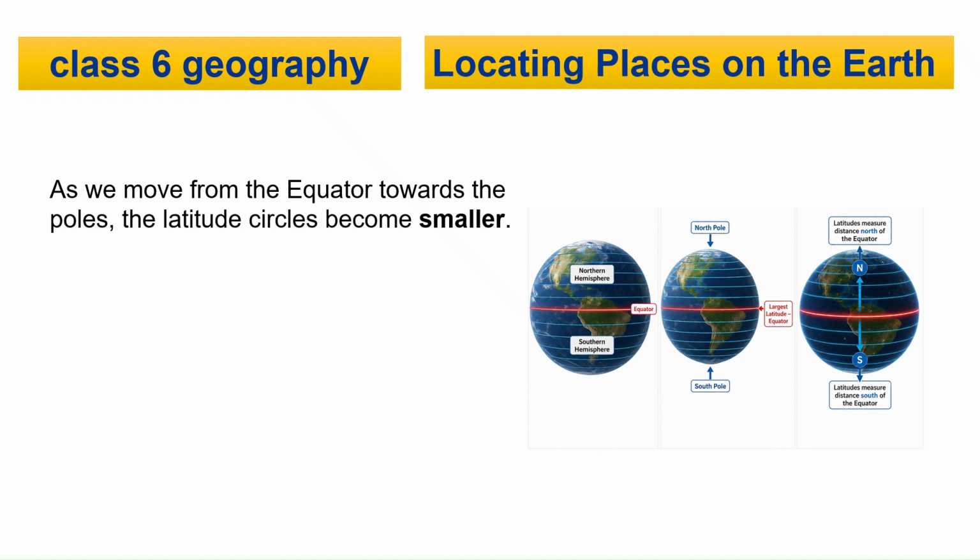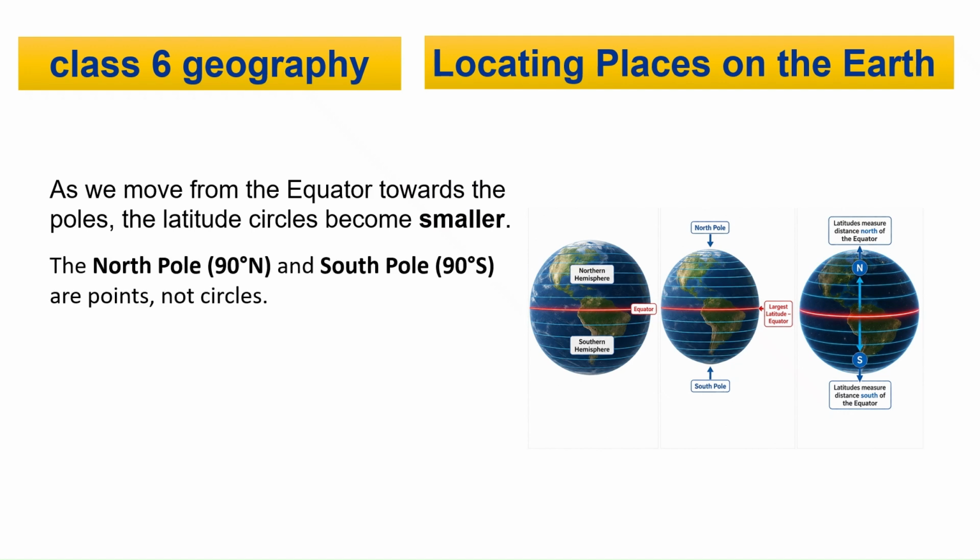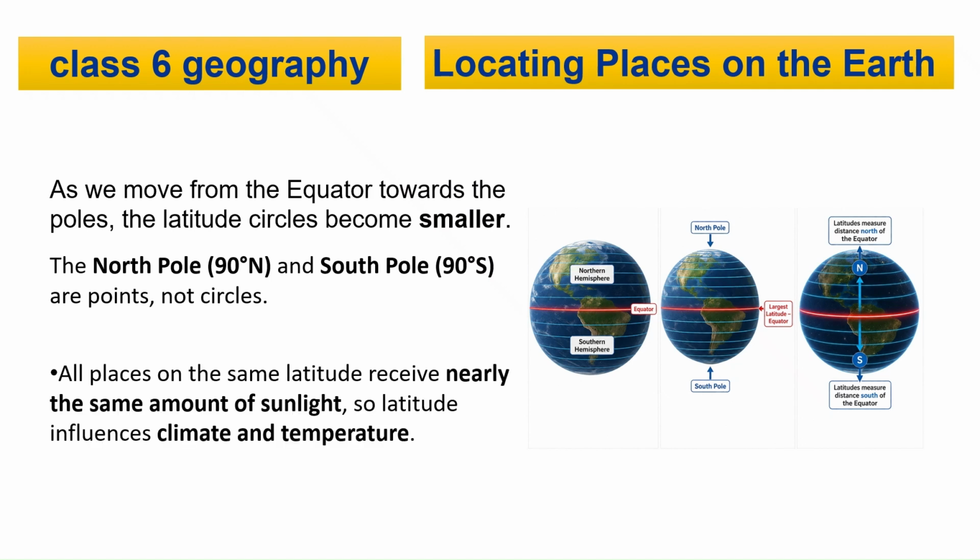As we move from the equator towards the poles, the latitude circle becomes smaller. The North Pole and the South Pole are points, not circles. All places on the same latitude receive nearly the same amount of sunlight. So latitude influences climate and temperature.